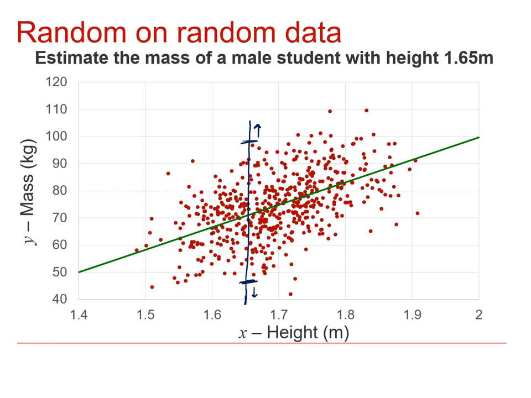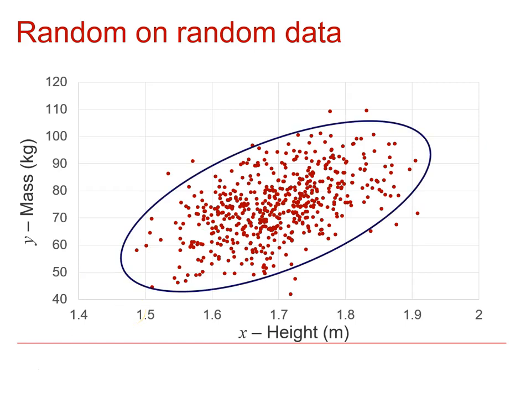What the regression line shows in this case is the mean value of the masses of people with heights 1.65 meters. So if we draw a rough ellipse around the data, this data is showing a bivariate normal distribution, which is in a roughly elliptical shape.